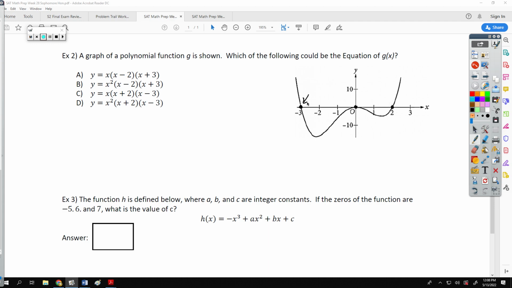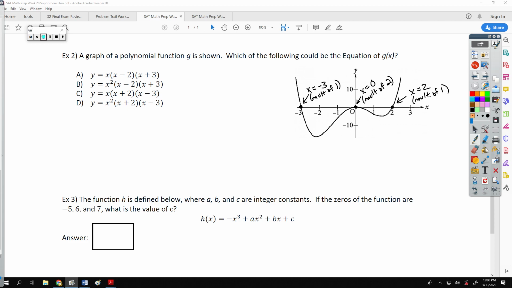We have x equals -3, which has what we call a multiplicity of 1 because it's a straight line passing through the x-axis. We have x equals 2, which is also a multiplicity of 1 because it is a straight line passing through the axis. And then we have x equals 0, which appears to have a multiplicity of 2.